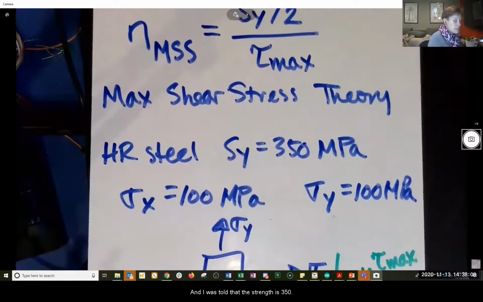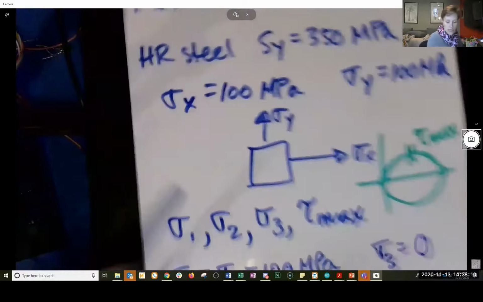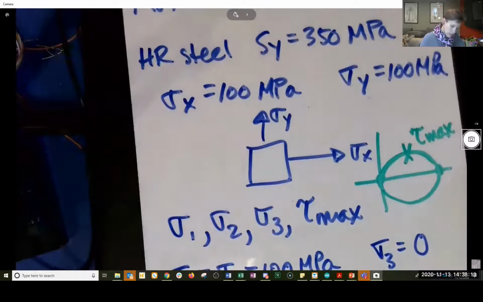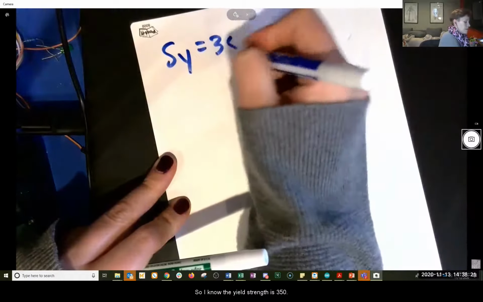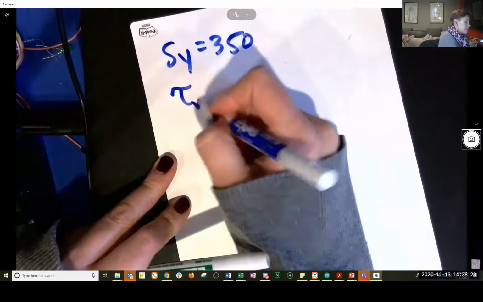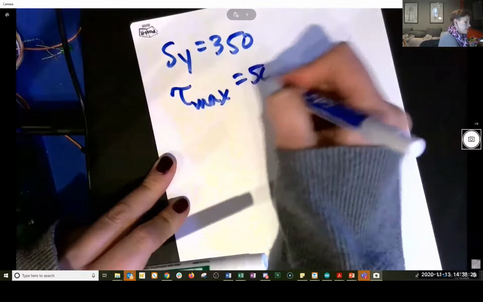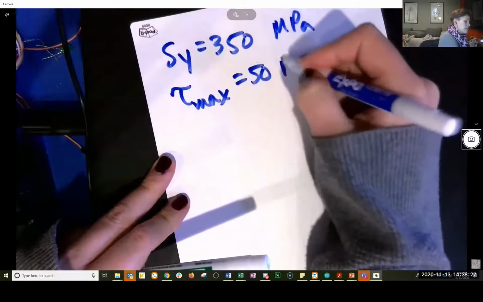And I was told that the strength is 350. So we're going to get another whiteboard maybe. So I know the yield strength is 350. The tau max is 50. These are both MPa.